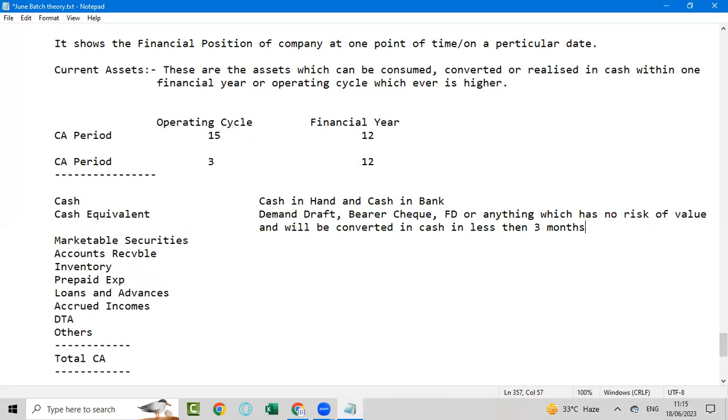Any investment which will be converted into cash with no risk within 3 months will be cash equivalent.